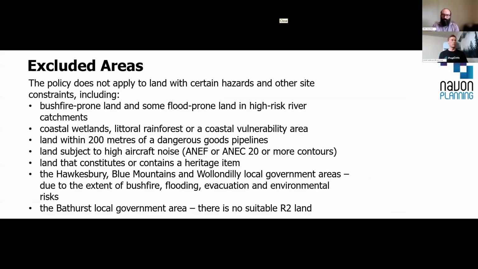So there are a whole bunch of properties that are excluded from the LMR. This is probably not the full list, but these are the main areas that are excluded. For example, if it's bushfire prone or in a flood prone area, if it's in the NEF contour or more, if you're basically under the flight path, you're really out of the LMR.